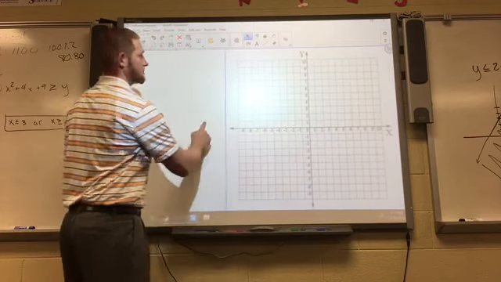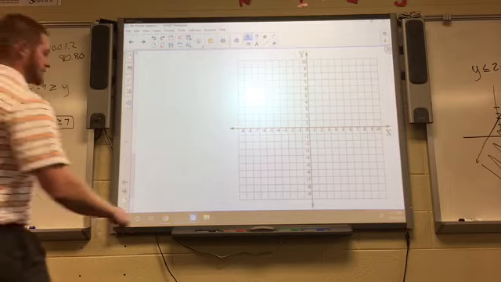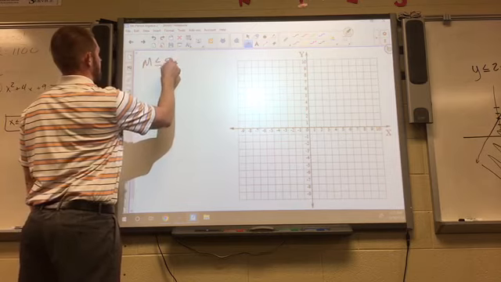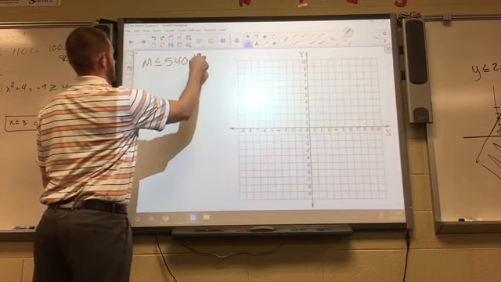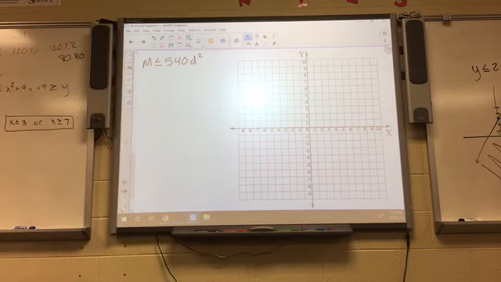The example I'm looking at says the allowable bending load M in pounds of a certain size concrete beam can be expressed as M is less than or equal to 540 D squared, where D is the diameter of the beam.